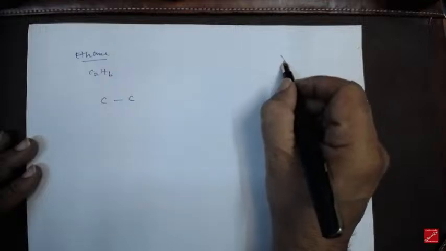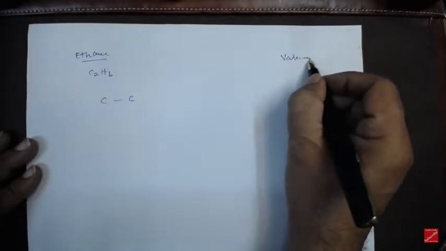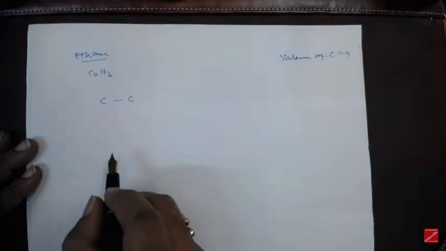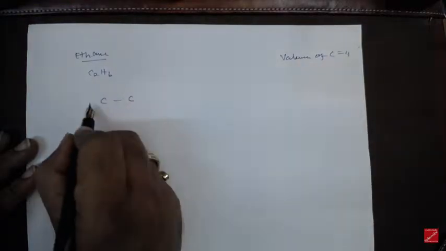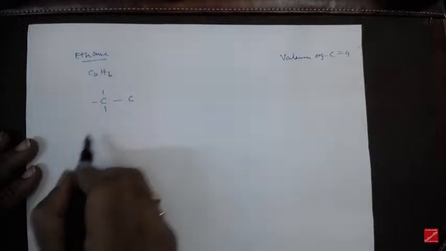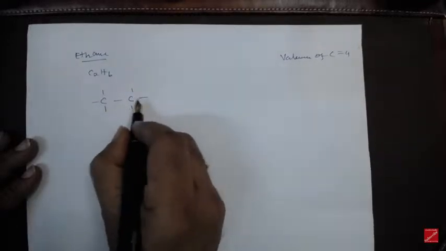C2H6. First you have to draw the carbon with single bond, and the carbon has the valency 4. So ensure 4 valency: 1, 2, 3, and you have got the central one, 4.